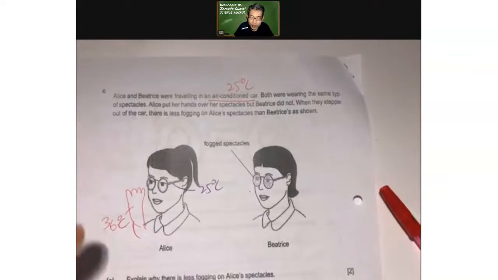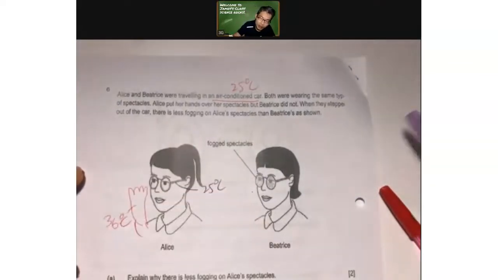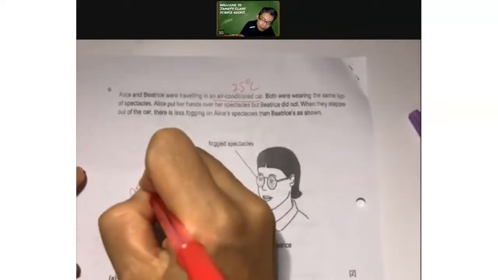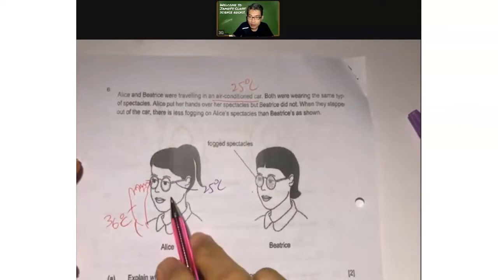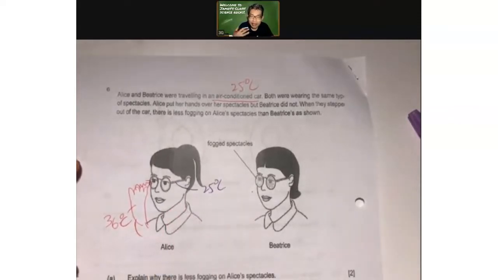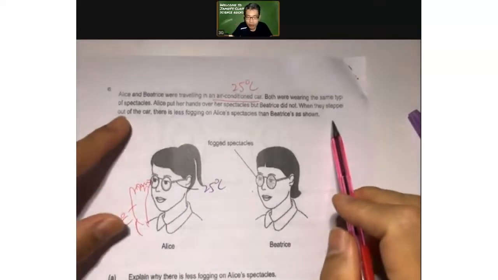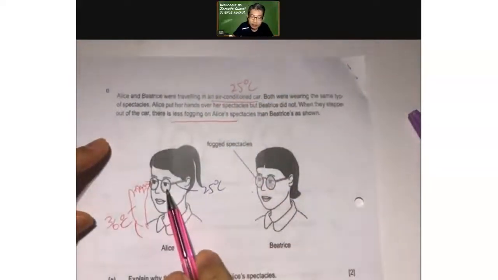When the hand touches the spectacles, what happened? The heat from her hand must have been conducted over to the spectacle, heating up the spectacles, bringing the temperature up higher than the surrounding temperature. So when they step off out of the car, there's less fogging on her spectacle.